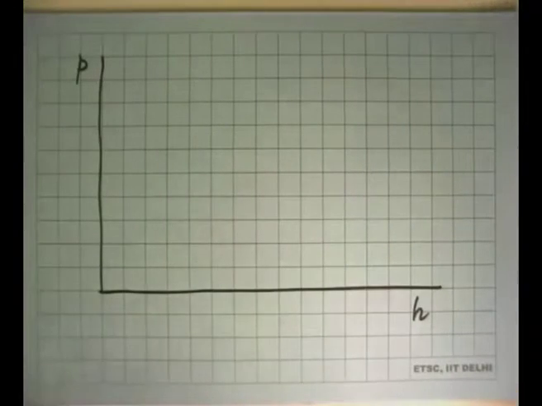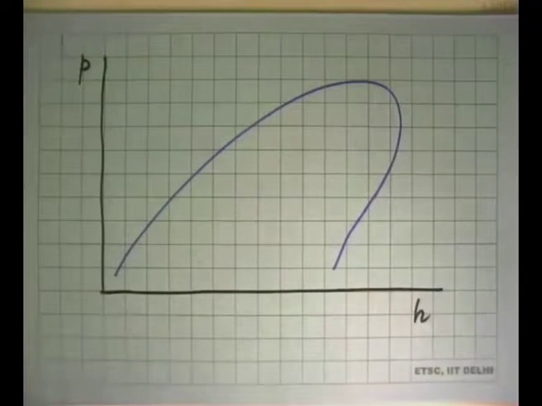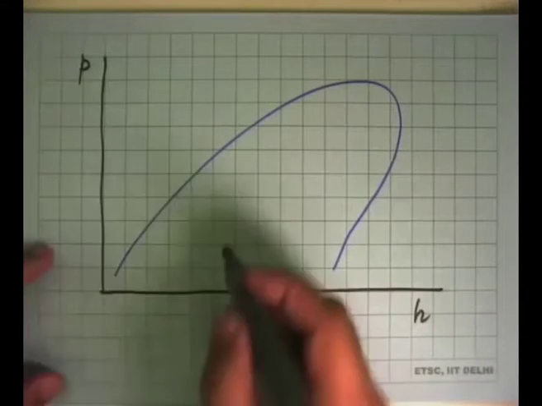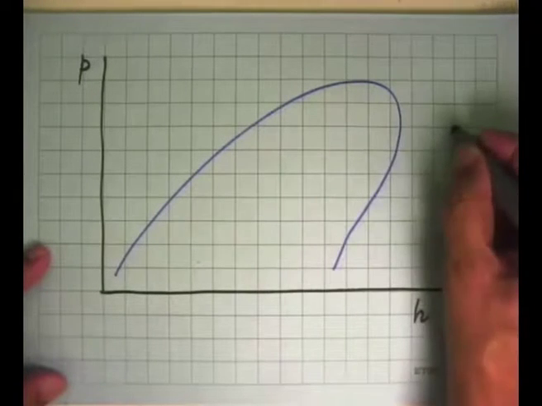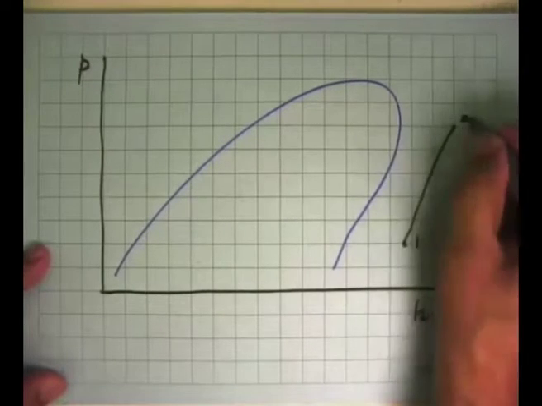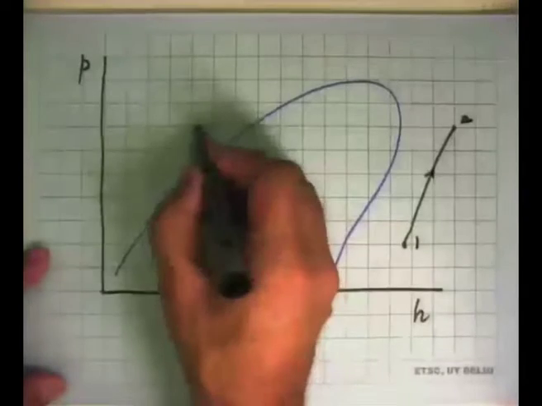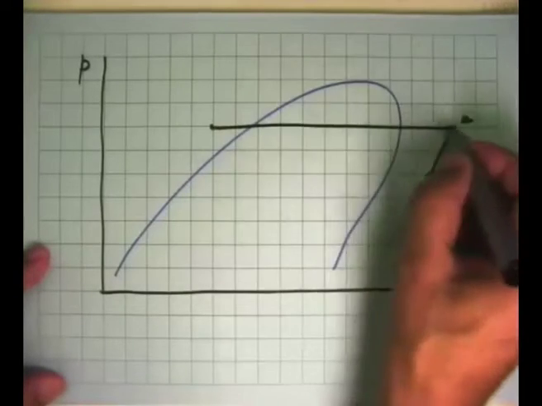So this is the dome, and the ideal cycle says this is the compressor outlet, this is the compression process, this is inlet, this is outlet, and we assume that the ideal condenser would be like this.